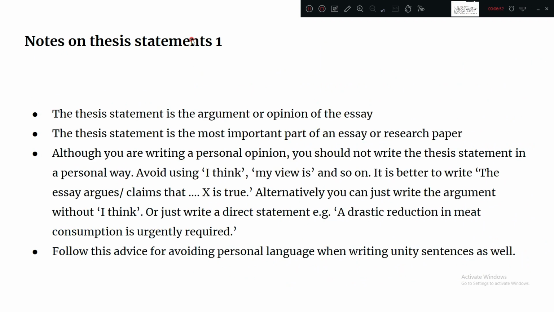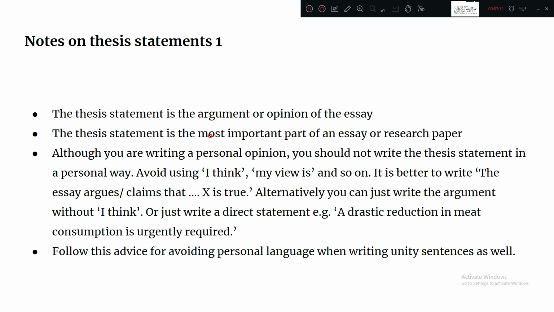So, writing good thesis statements. First of all, the thesis statement is the argument, the opinion, or the viewpoint of the essay. And in any essay or research paper, this is really the most important sentence.